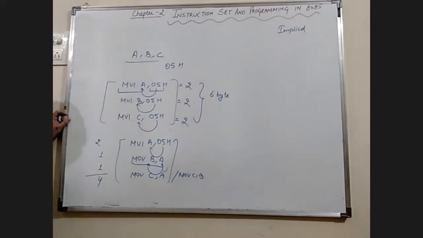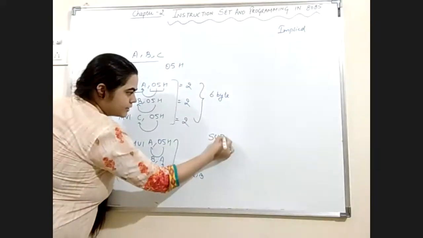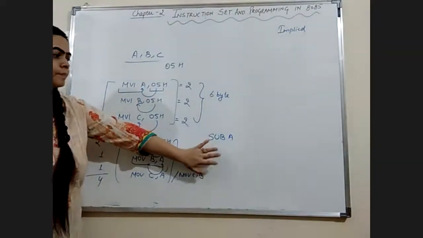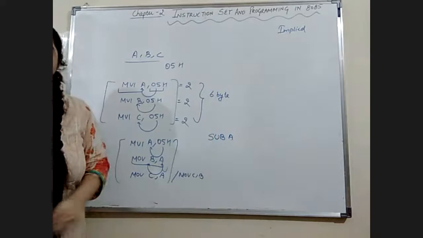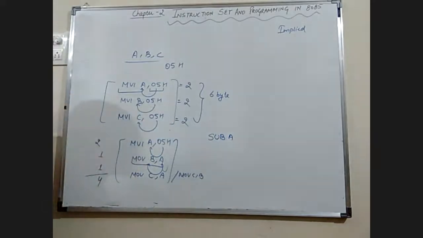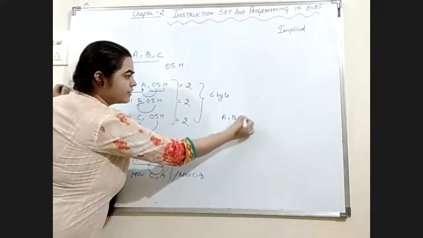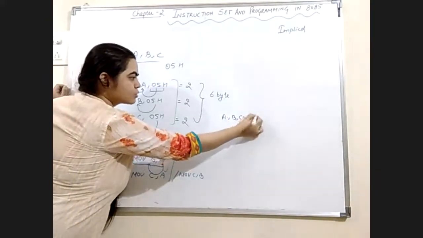Okay, so again we have a different way to write this command. If we are writing SUB A, this instruction means whatever contents are present in the accumulator, we subtract from the contents of the accumulator. Suppose we have A, B and C and we have to load these with 00H data.